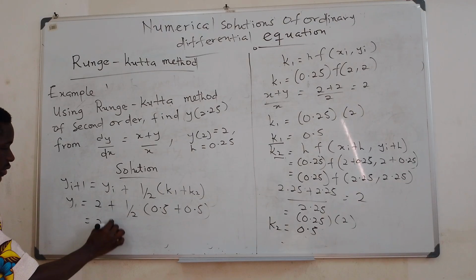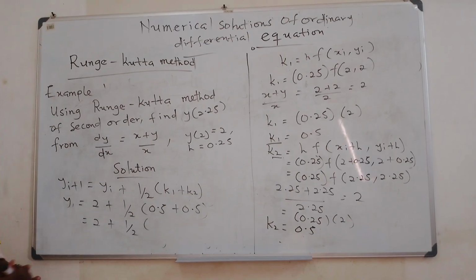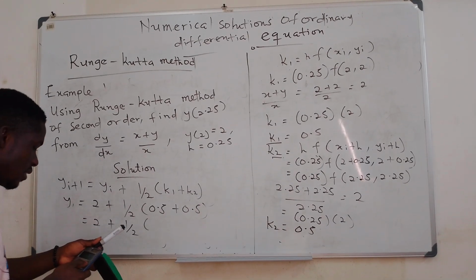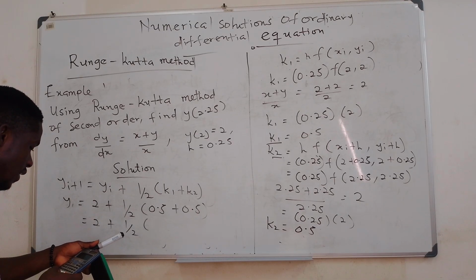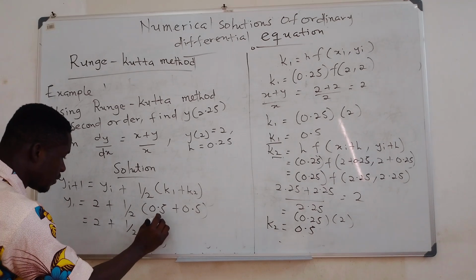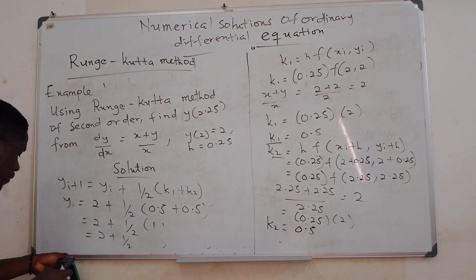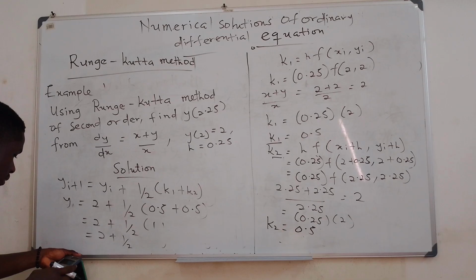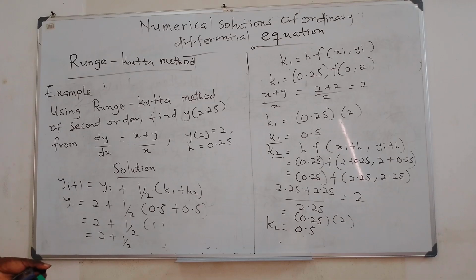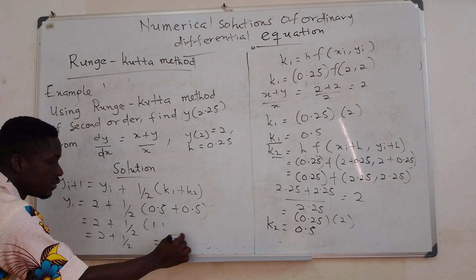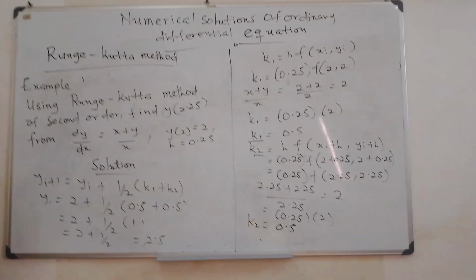So 2 plus 1 on 2, times 1. So 2 plus half. So our result is 2.5. So this will be the value at 2.25. Thank you.